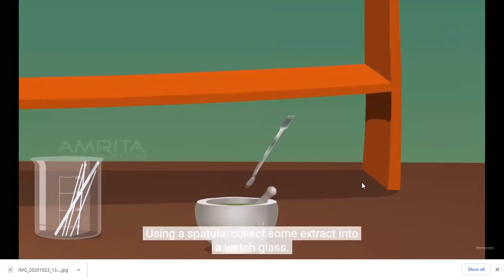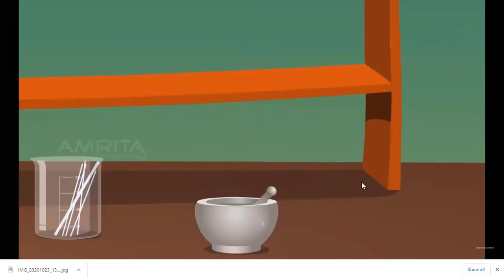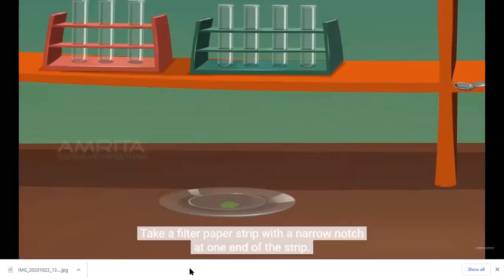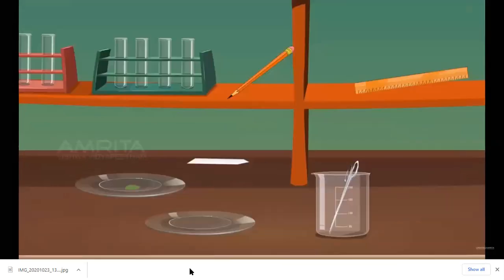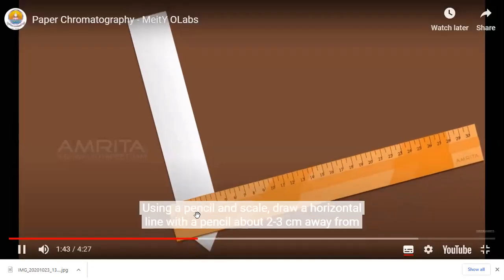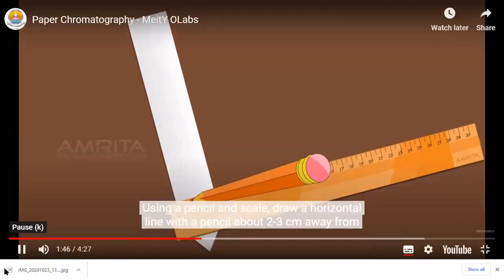Using a spatula, collect some extract into a watch glass. Take a filter paper strip with a narrow notch at one end of the strip. Using a pencil and scale, draw a horizontal line about 2 to 3 centimeters from the notch.